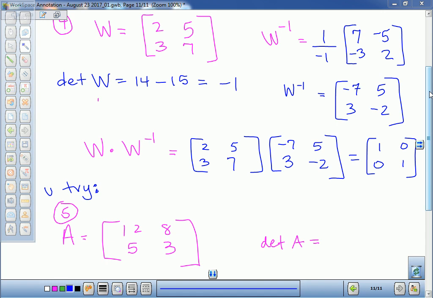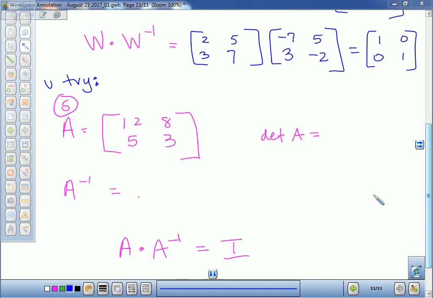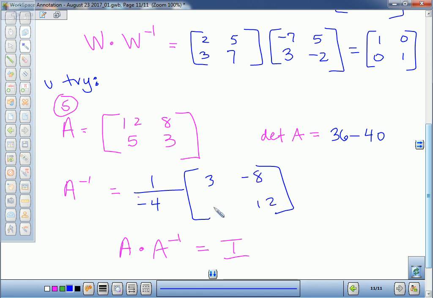One over the determinant, so you have fractions. So how would that work if it's negative? Okay, so your determinant is negative 4. So what this means is when we're done switching things around, the 3 and the 12, and changing the signs, we have to multiply these by negative 1/4. So we get negative 3/4, positive 2, positive 5/4, negative 3.